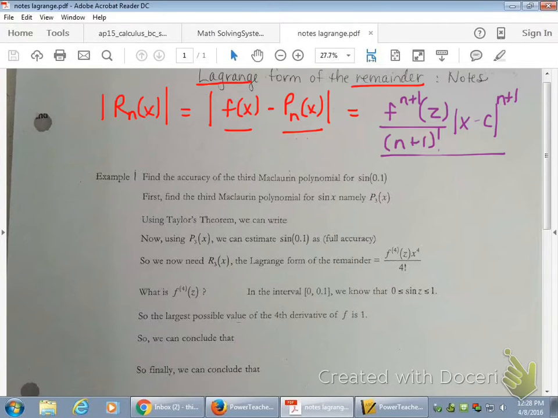This problem kind of explains the whole process, and then the next few problems probably have less information. Alright. So first of all, it says find the third Maclaurin polynomial for sine of x, which means P3 of x. Okay, this is where we start off with f of x, and we find all the derivatives.